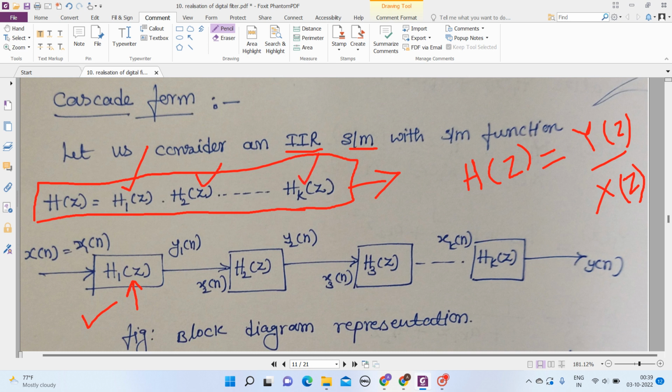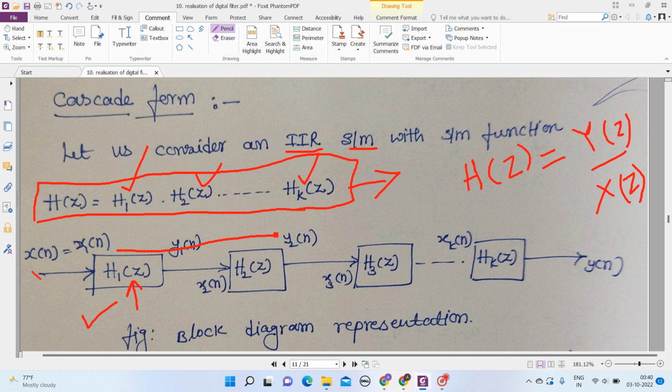To draw the structure of H1(z) we are going to use direct form 2, and thereafter we combine all the structures like this. We will discuss one problem, then you will understand clearly. This is the block diagram representation of cascade form.